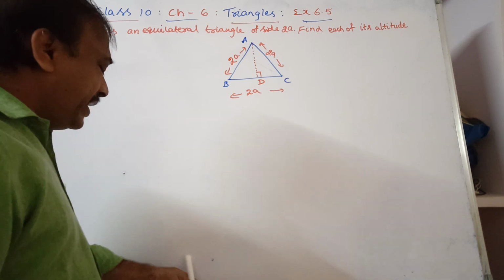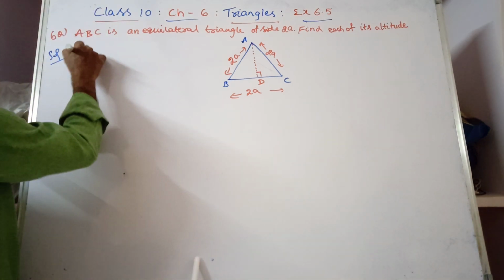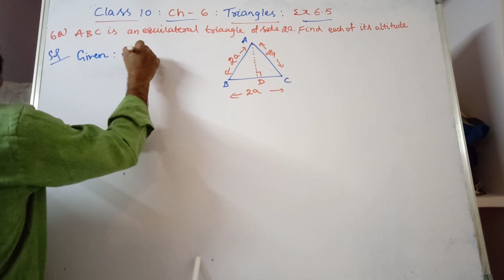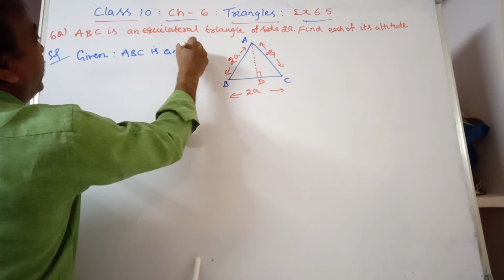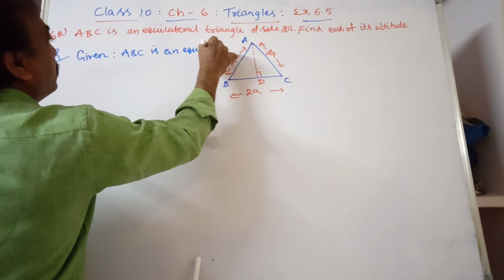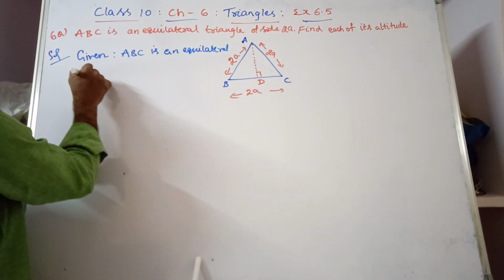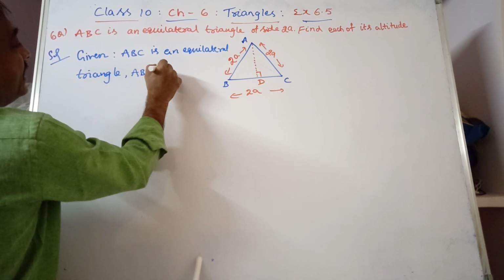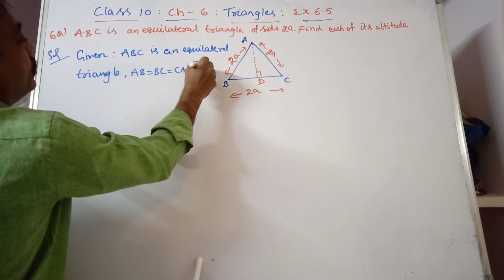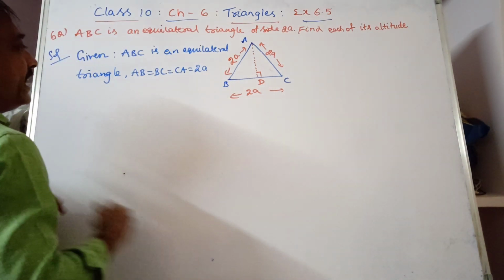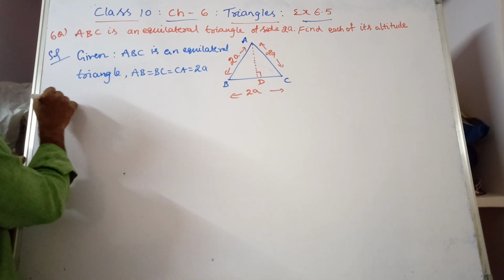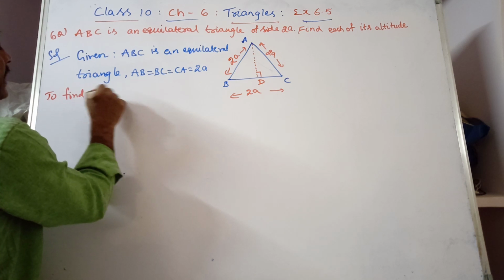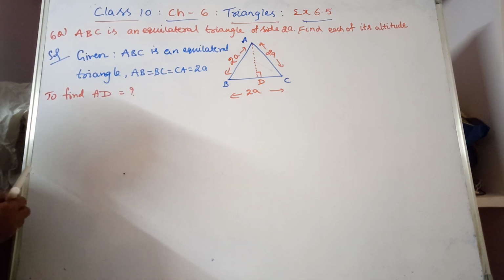So in the equilateral triangle ABC, where AB equals BC equals CA equals 2a, we have to find out AD.